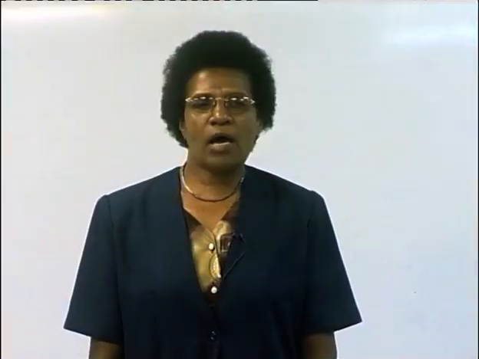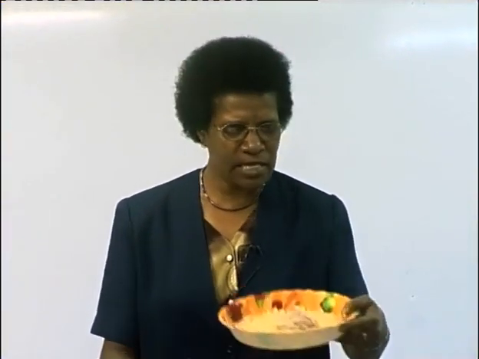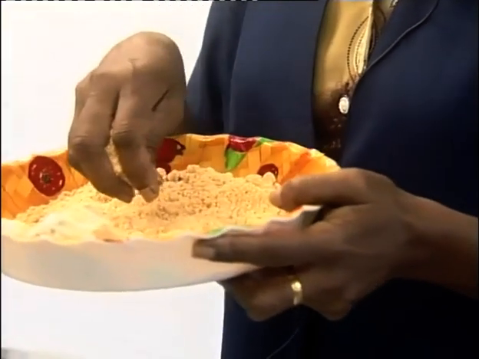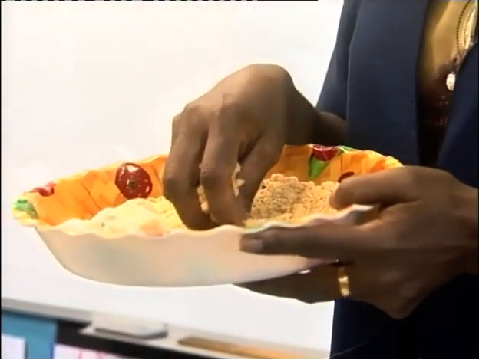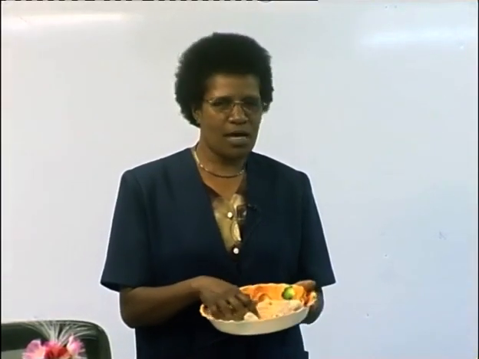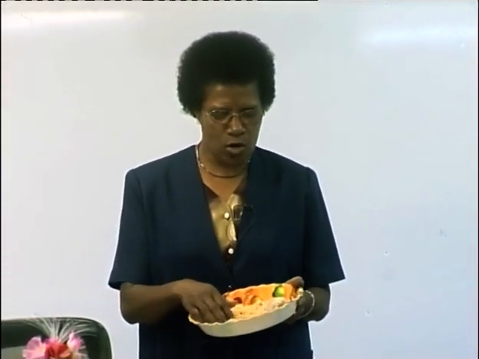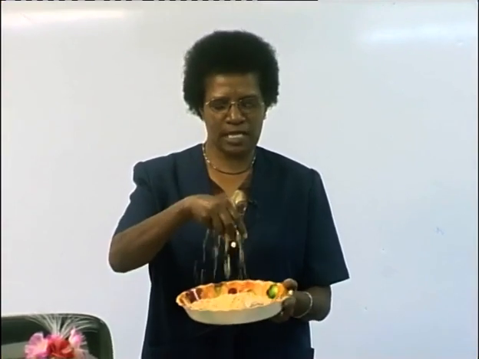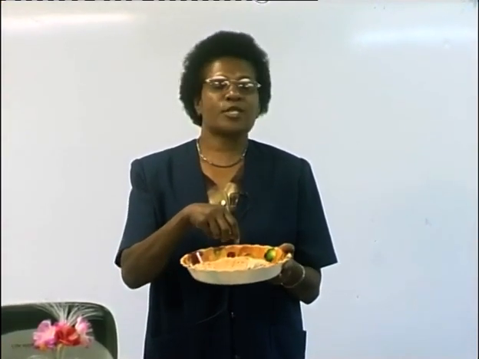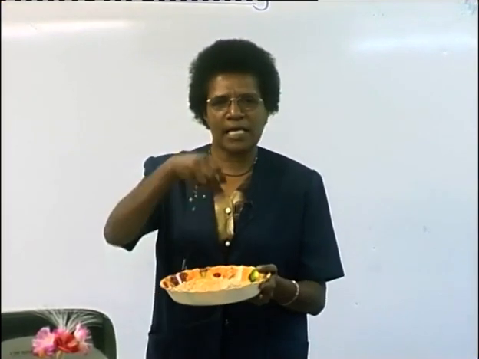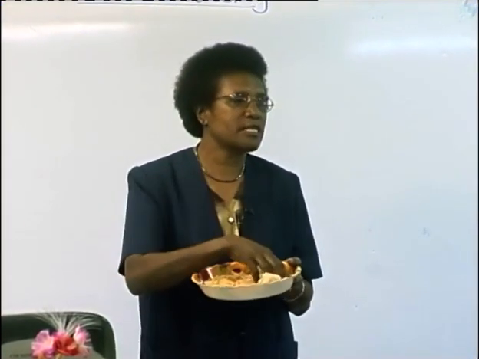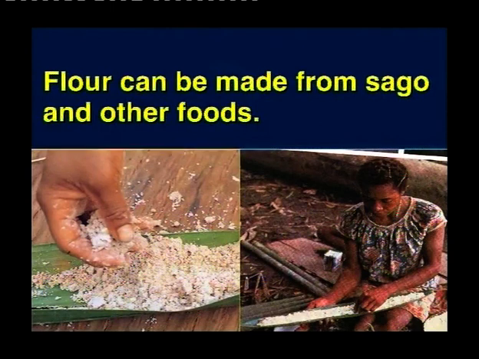Now, I have a sample of flour from sago. Students in the receiving schools, those of you who have never seen flour from sago, this is flour from sago. From that tree that you saw earlier, we can get this food. This is the flour that is made from sago.